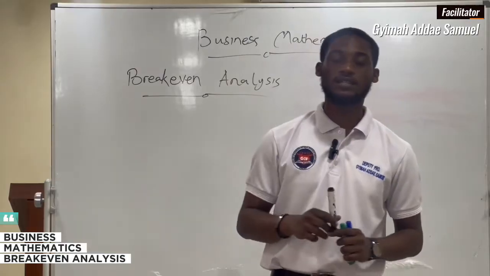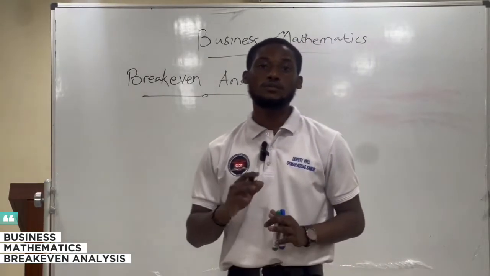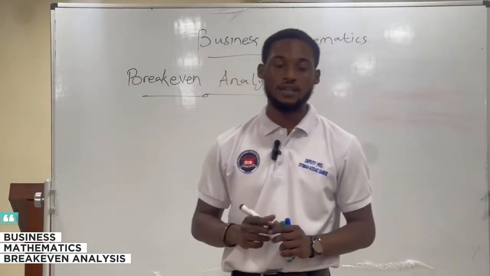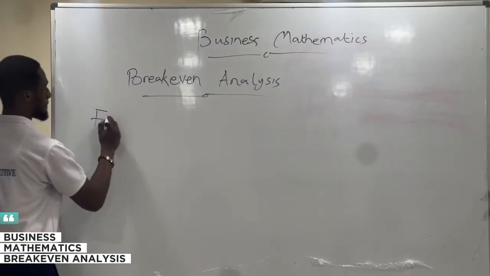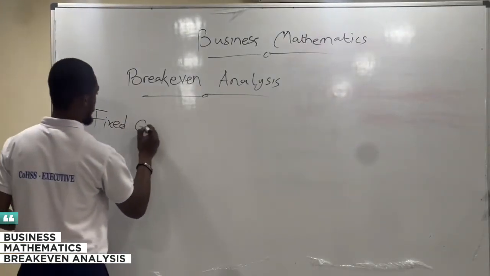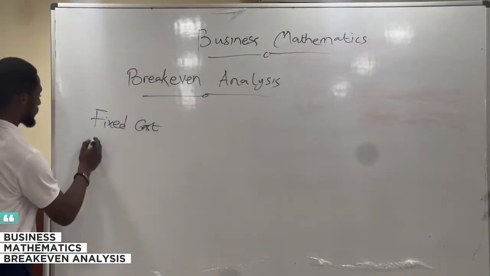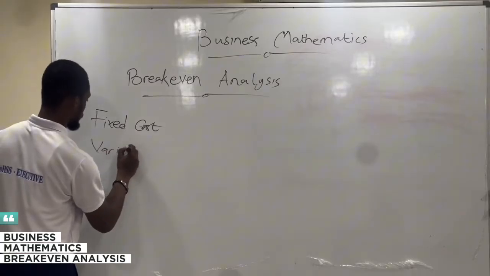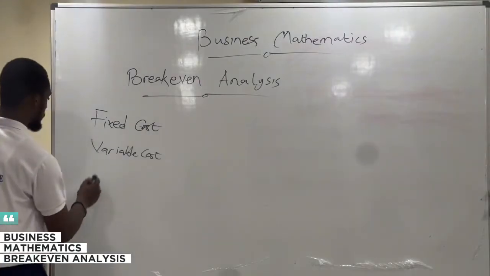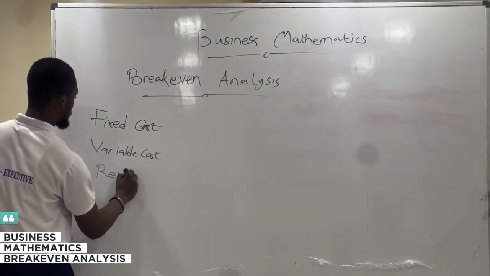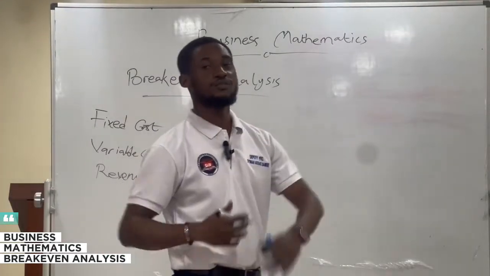So this is to say that in our break-even analysis, we are going to see some terms, including fixed cost, variable cost, and revenue. These are some terms we'll be seeing as we progress.